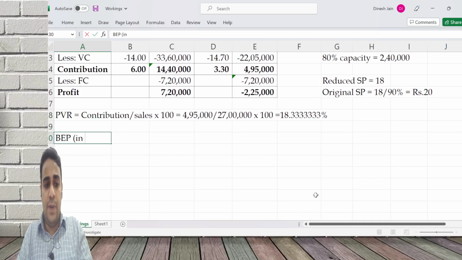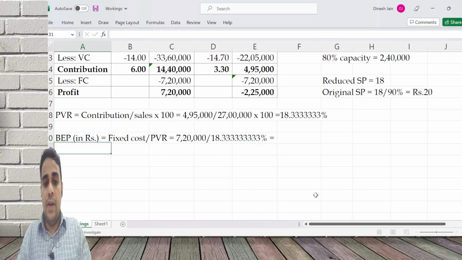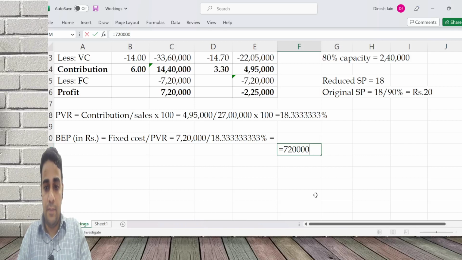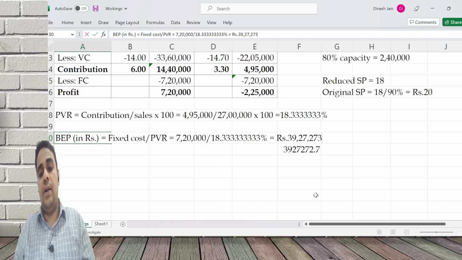Break-even point in rupees is equal to fixed cost divided by PVR. 720 by 18.333 gives 9 lakh 27,273.